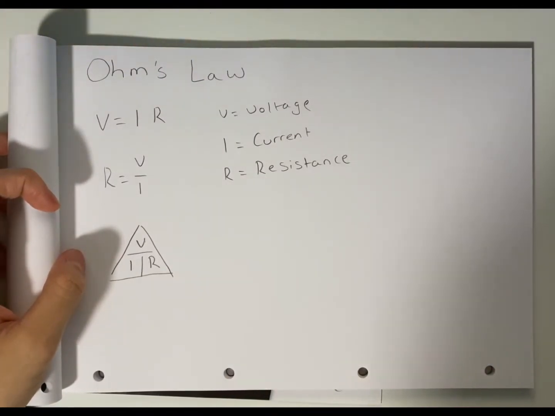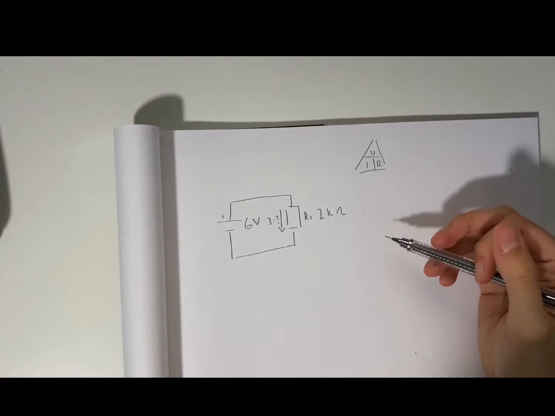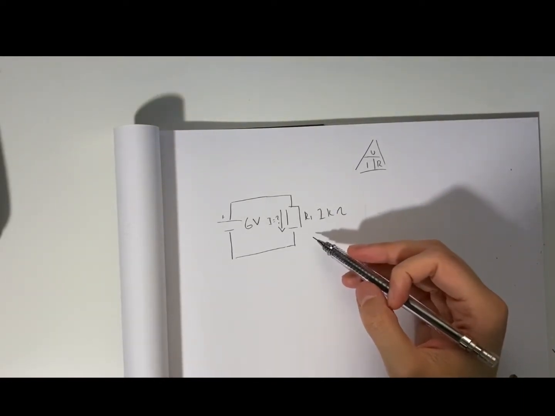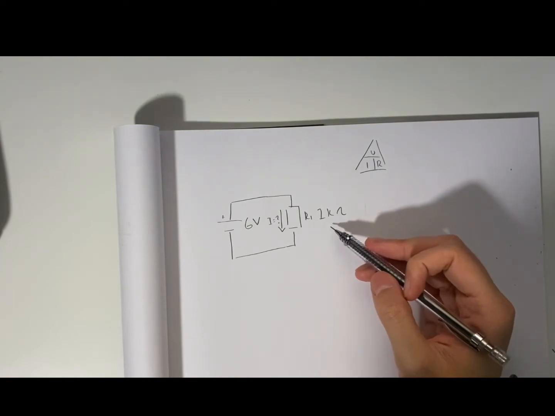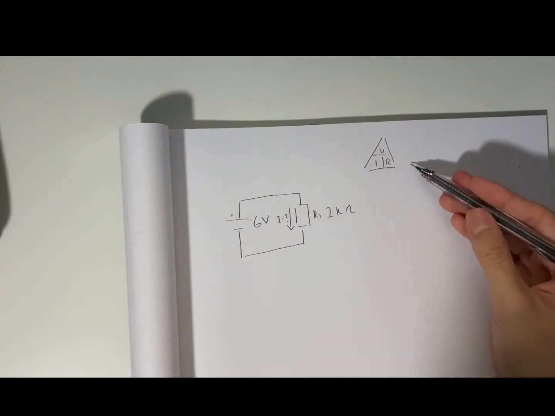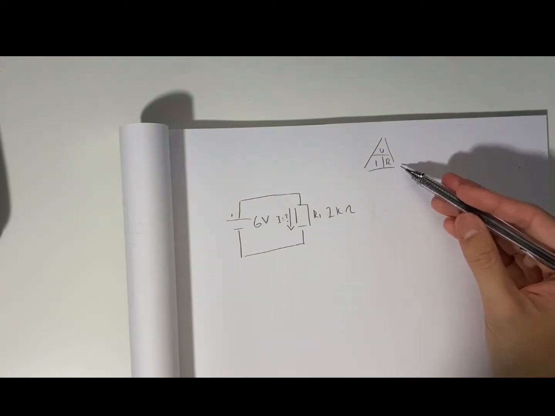Let's do a quick example to solidify our knowledge. I've drawn out this simple circuit here where we have a 6-volt battery hooked up through a resistor of 1000 ohms. We want to find the current. Using our newly taught Ohm's law equation, I've drawn out our triangle here already.